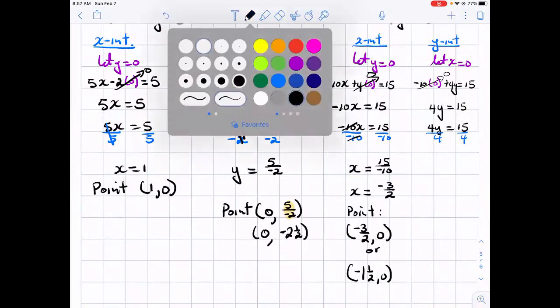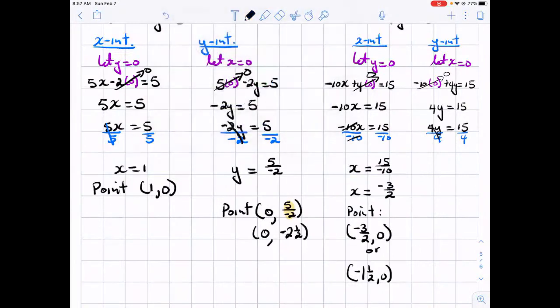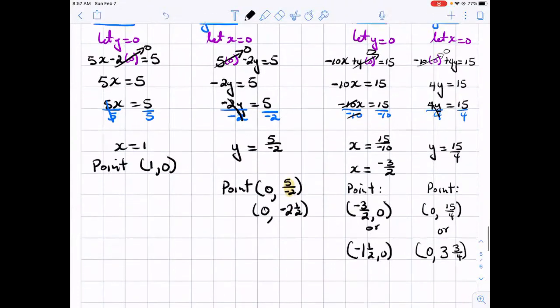The 4 divided by 4 is 1, so y is equal to 15/4. Now 15/4 cannot be simplified, so my point is 0, comma 15/4, or 0, comma 3 3/4.